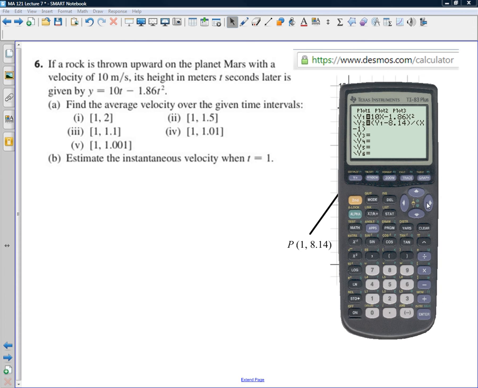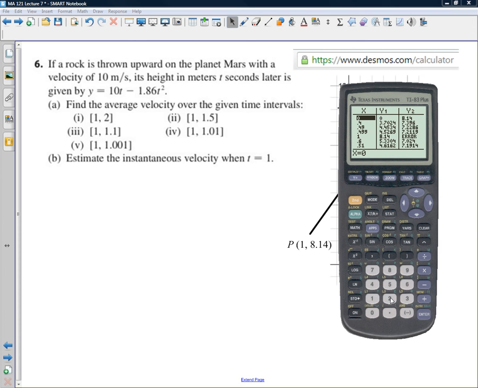So I'm ready to go to my table, and I'm going to put in some t values or x values and see what happens. So to get to the table, second table, right? And there's a lot of calculations there from before. You can just ignore them and just type right over.